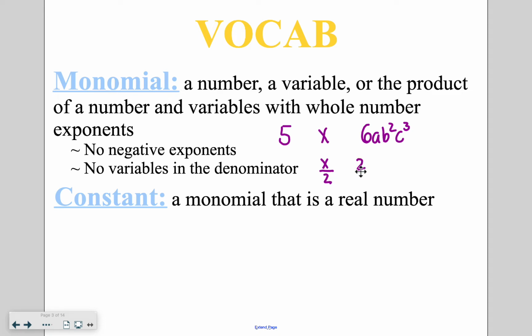If we had the opposite, 2 over x, remember that that means that we've got x to the negative first power because that variable is in the denominator. So again, number, variable, or the product of numbers and variables. If it's just a number, so for example 5, we call it a constant. That's a specific type of monomial.